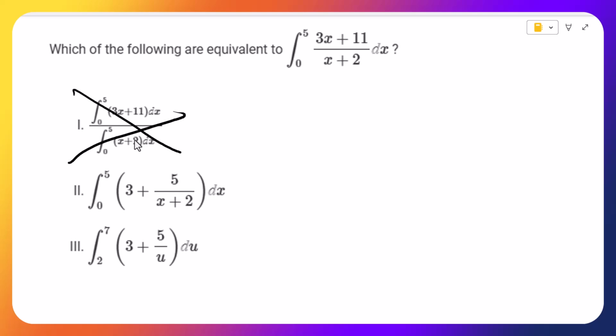So this first one, how did they get here? We have a rational function and it ended up being something plus something else. This looks to me like the product of long division. So let's use long division: 3x plus 11 divided by x plus 2.